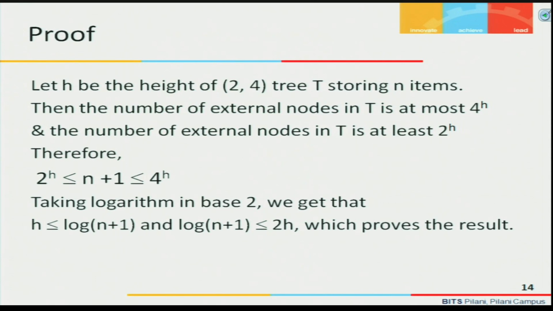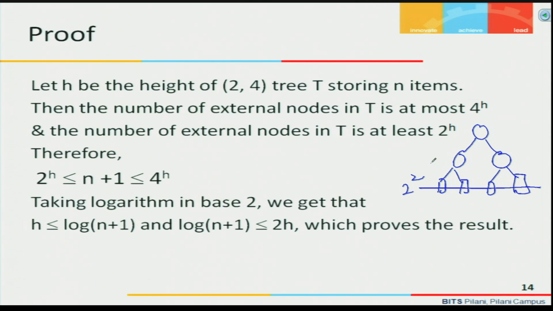We know each node has to be at least a 2 node. So, if I have a tree with height 2 and which is a 2 tree, then it will have 2 squared external nodes. These are precisely 2 squared external nodes.